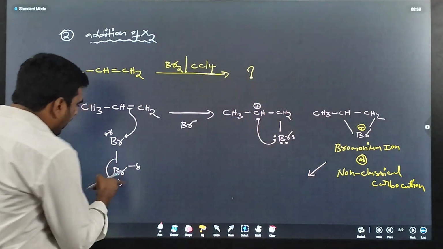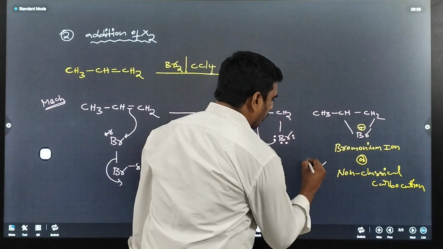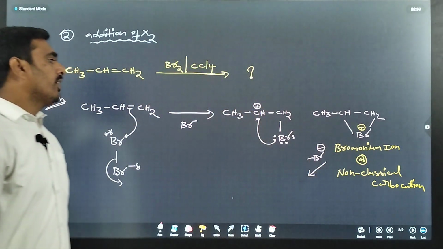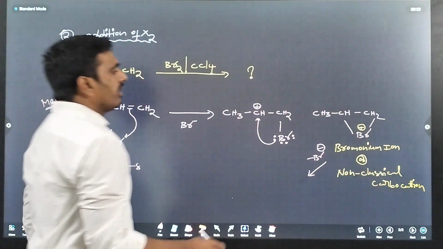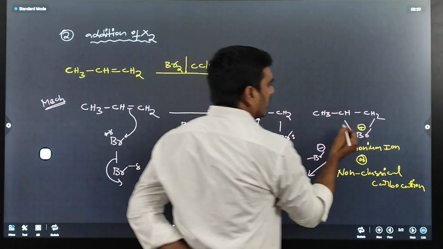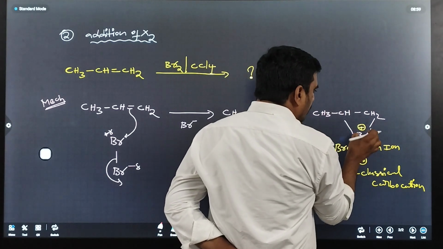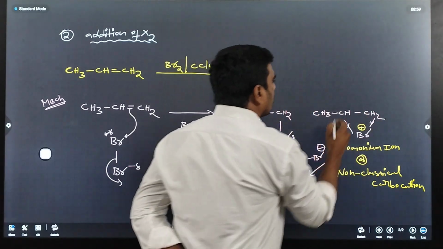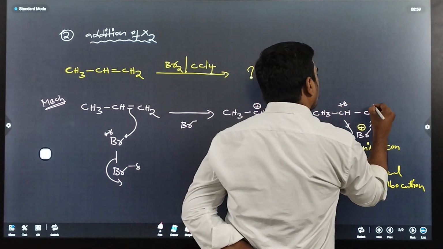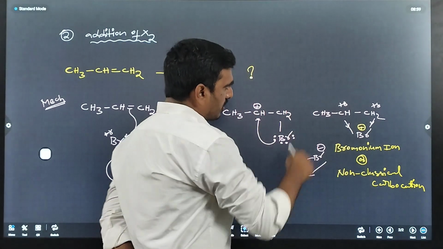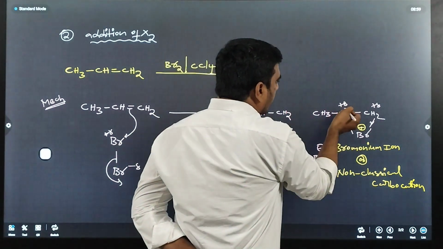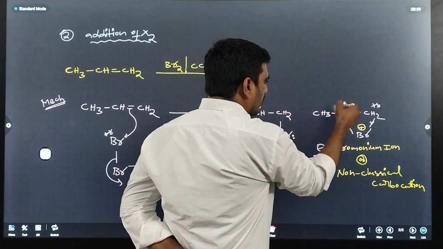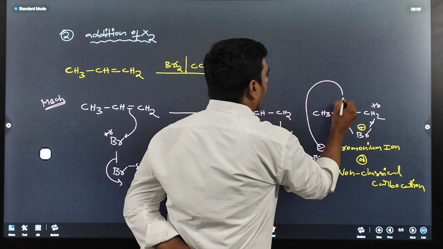Now Br minus has left. Br minus is a nucleophile. Bromine has a positive charge, which means electron displacement towards carbon, so there is a partial positive charge here and also here. The nucleophile attacks either this carbon or this carbon. This is the more stable carbocation, so the nucleophile attacks here.